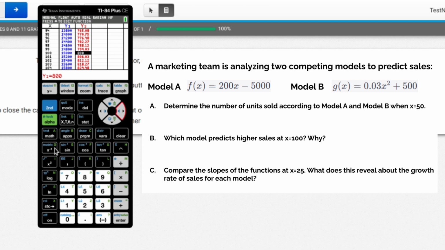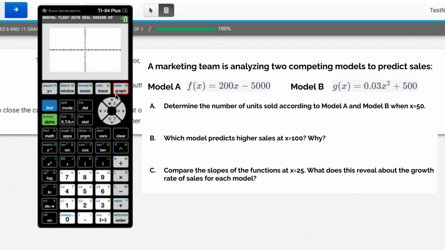Compare the slopes of the functions at x equals 25. Well, if I hit graph, I get to see both, but I really don't see much of anything. So let me zoom out, zoom 3, enter. There's 1. Zoom 3, enter. So I'm not really seeing a good picture here, not at all. What I want to do is get a really good view of each of these.